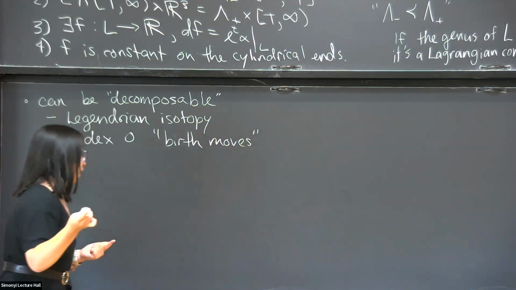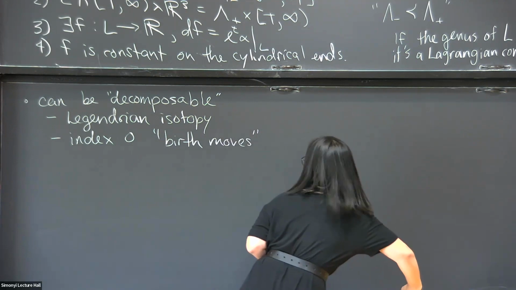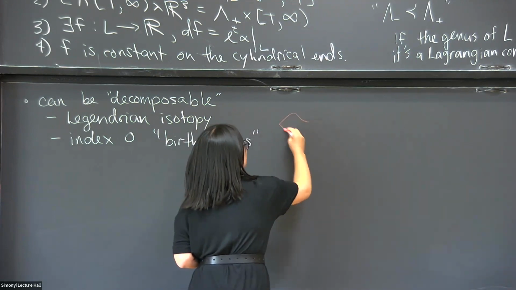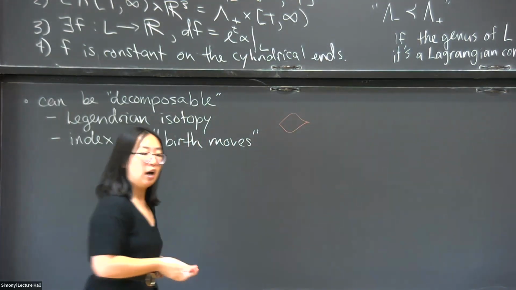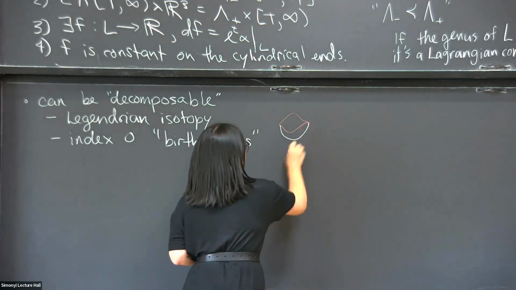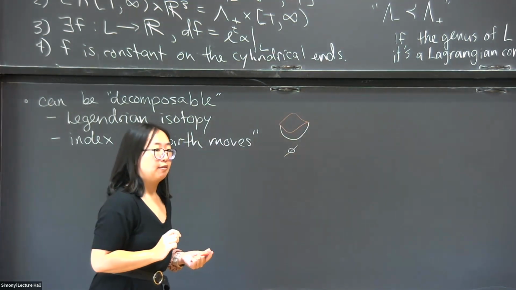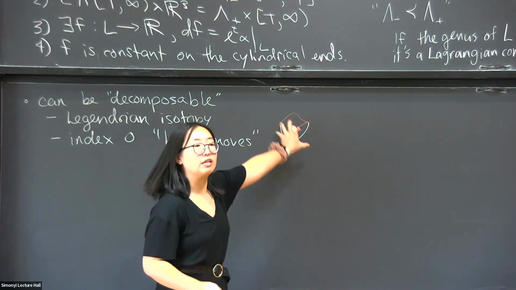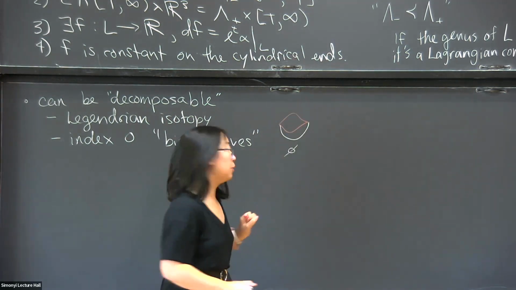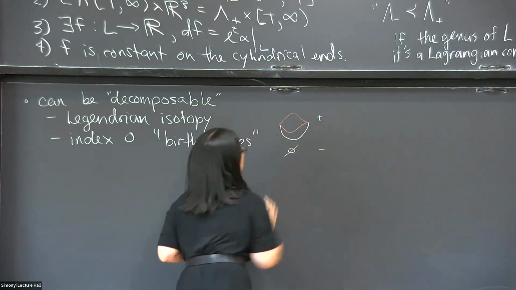And what these look like is I have a max tb Legendrian unknot at the top and nothing at the bottom, right? So locally I'll have sort of one of these coming into fruition and that'll be a birth move. So this is the positive end, this is the negative end.